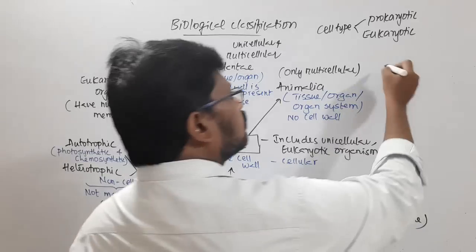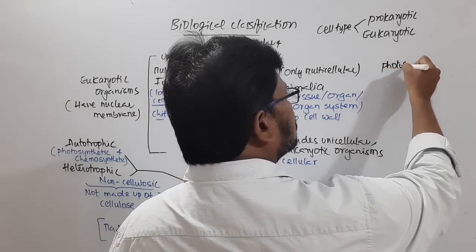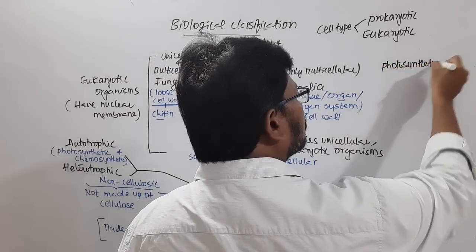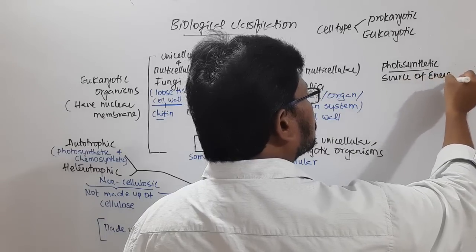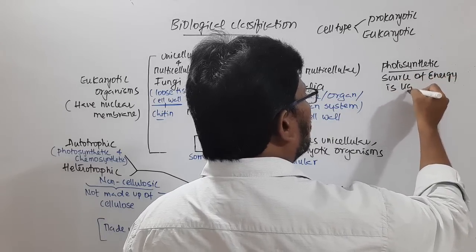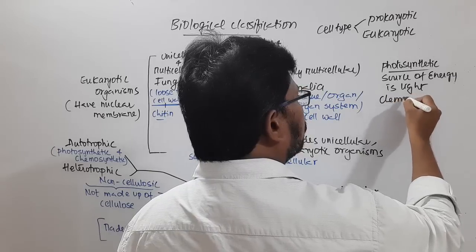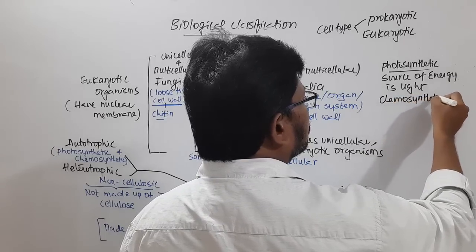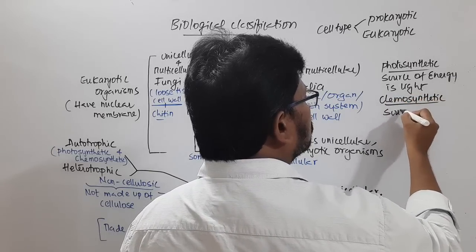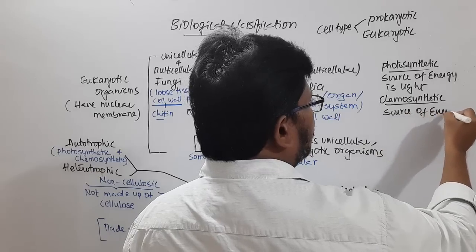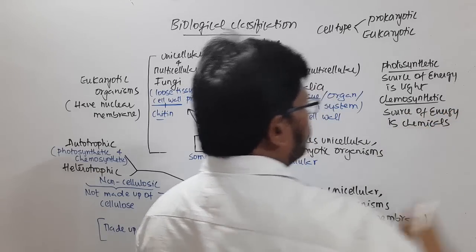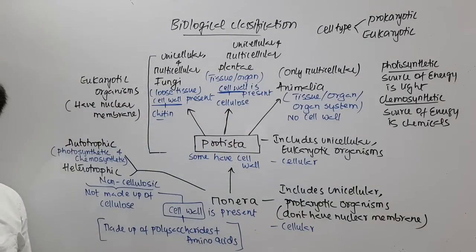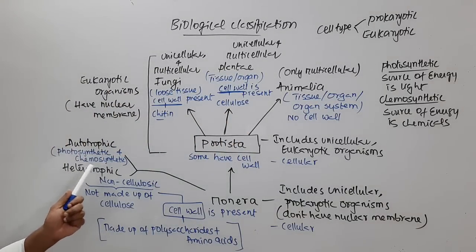So here, photosynthetic is where the source of energy is light, whereas in chemosynthetic, the source of energy is chemicals. Depending on the source of energy, we classify into photosynthetic and chemosynthetic.